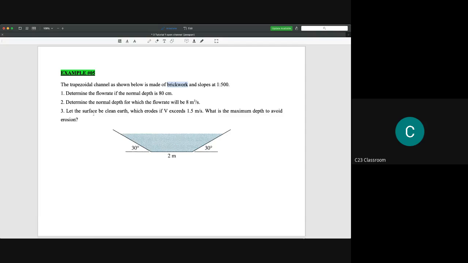For question number 3, the surface is clean earth, meaning ordinary soil. If the velocity is higher than 1.5 meter per second, some erosion will occur. So the question is, what is the maximum depth so that water can flow without erosion?